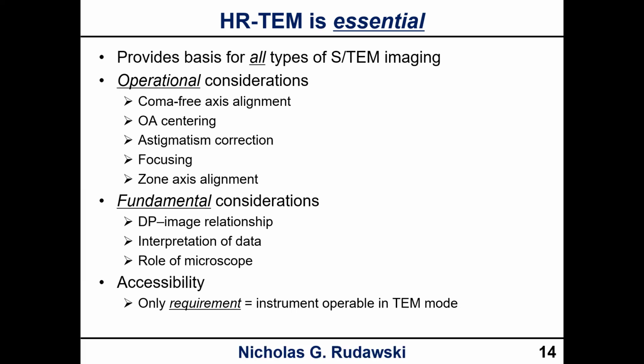So being able to understand the relationship between the DP and the image is critical, because that will come into play lots of other times, okay? How you interpret the data, right? We saw that, you see these lattice fringes, they don't necessarily give you an intuitive picture of the structure, okay? And of course, how the microscope affects that.